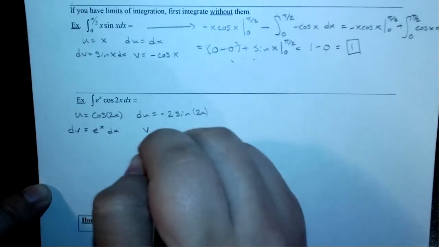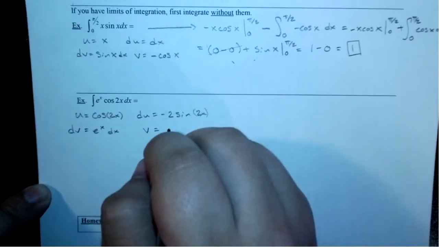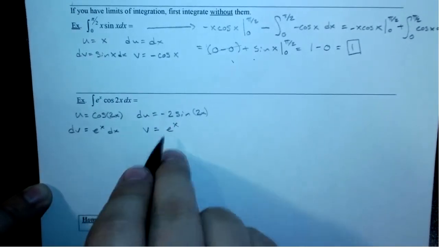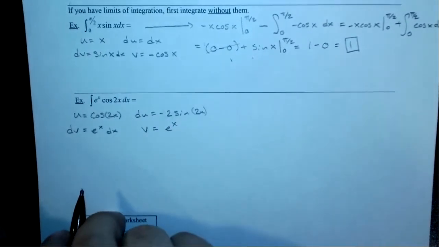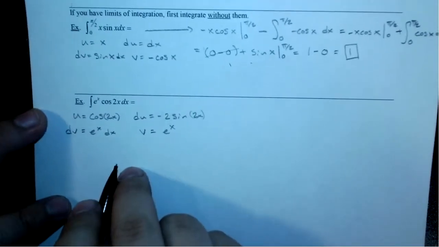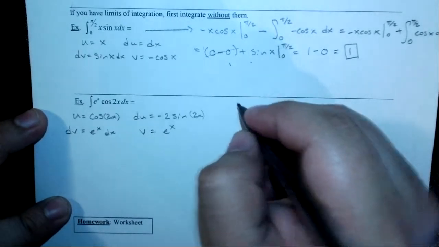And then we have v, which is equal to e to the x. This is easy to integrate, so it's a lot easier to just use e to the x for our integration. Okay, so we plug it into our formula.